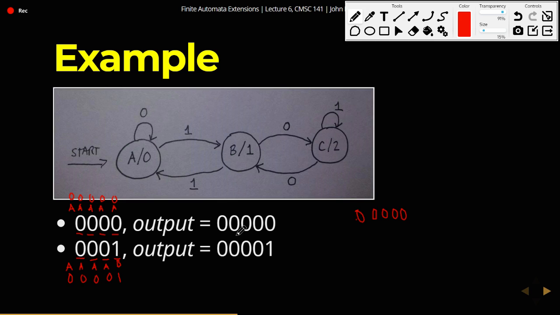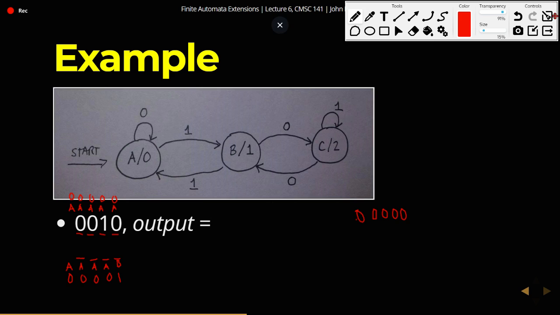Okay, let's see other examples. For 0010, start at state A, so we'll output 0 right away. At A on 0 will remain in A and output 0 again. Then A on 0 is still A, output 0.